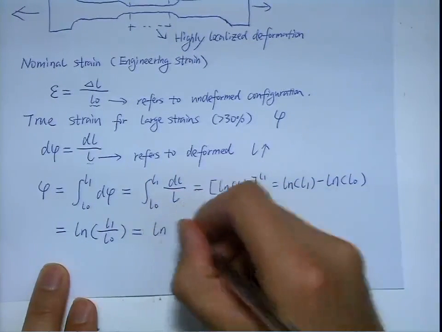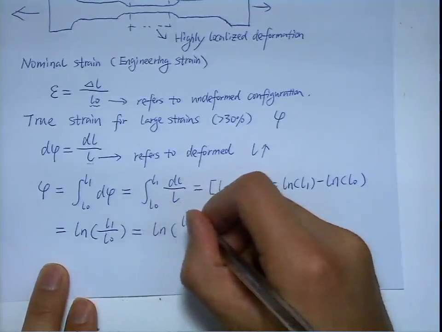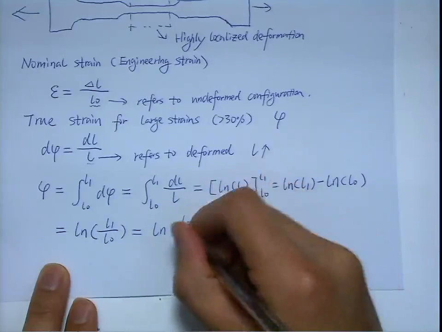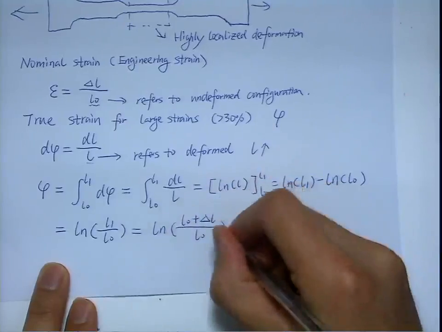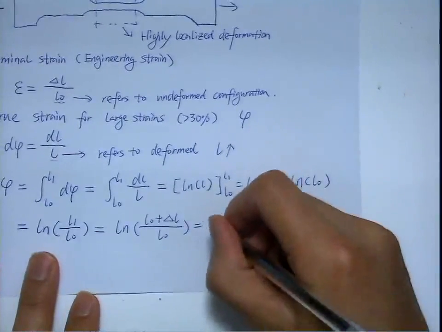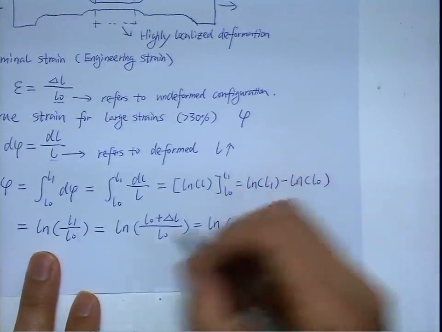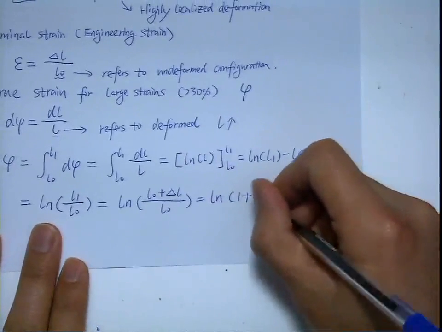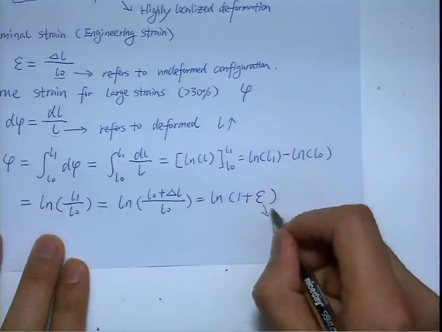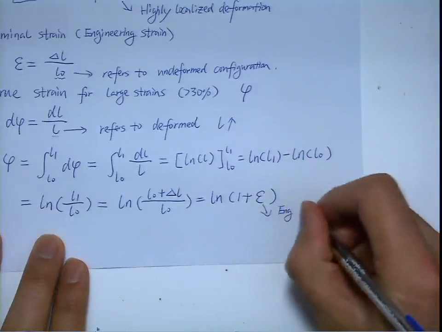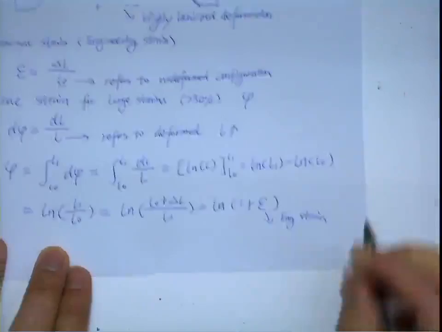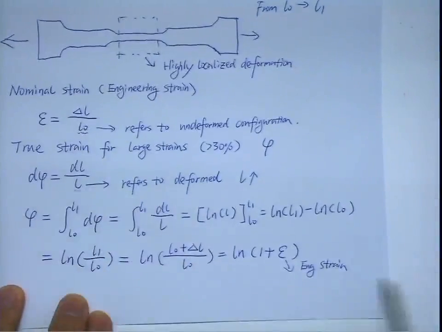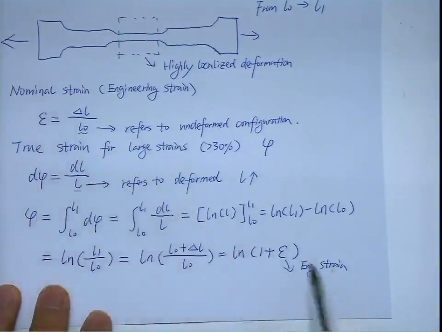If you rewrite the top one as L0 plus delta L over L0, that gives you 1 plus delta L over L0. You cancel that to become 1, and this is equal to epsilon. So epsilon is actually the engineering strain we already defined. So that's the relation between that and that.